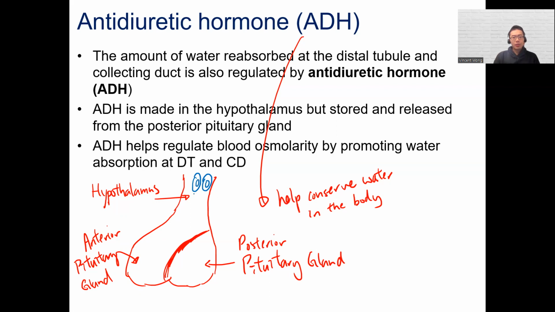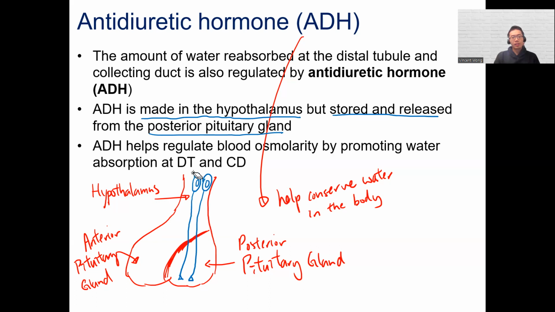And these neurons extend their axon all the way to the posterior pituitary gland, right? All the way there. And so some hormones, such as ADH, are made in the hypothalamus, but stored and released from the posterior pituitary gland.